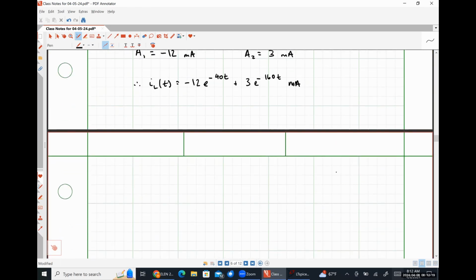Now, let's talk about our resistor voltage.